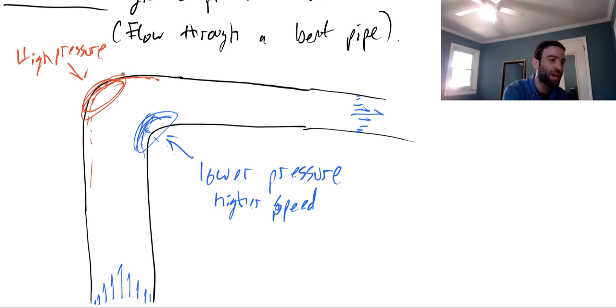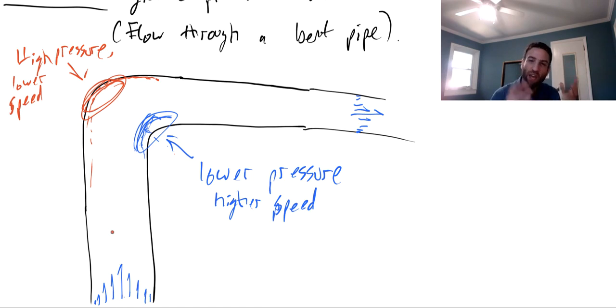So in this bent pipe, we have regions of higher pressure and lower speed of what the water flow is looking like, right? So this is kind of what happens, just in a cartoon picture, ignoring the details of precisely how much the velocities change and how much the pressures rise or lower.